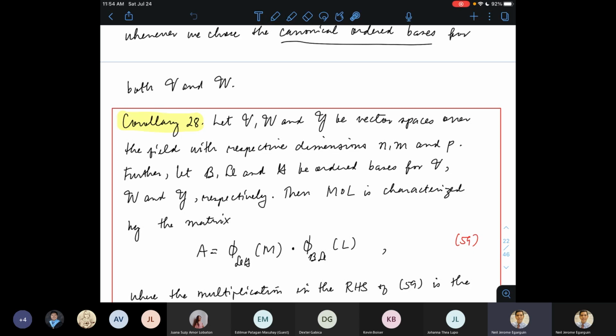Gusto nyo ba yun? Para practice na rin. Let's have problem number 3 in homework 5 to be a conversion from matrix onto the linear transformation. What do you think, guys? Or depende sa matrix na ibibigay ko later.